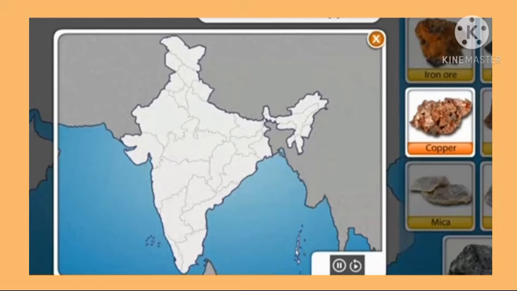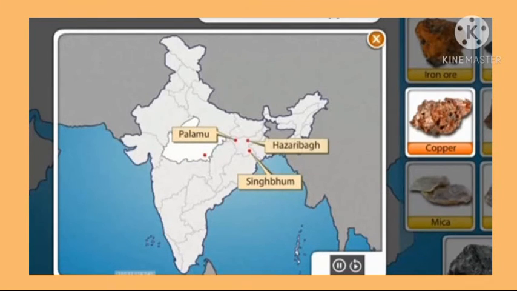Copper, a non-ferrous mineral which has non-rusting properties, is found in small quantities in India. Of the total copper produced, Balaghat mines of Madhya Pradesh and the West Singhbhum, Palamu and Hazaribagh districts of Jharkhand are the largest producers.